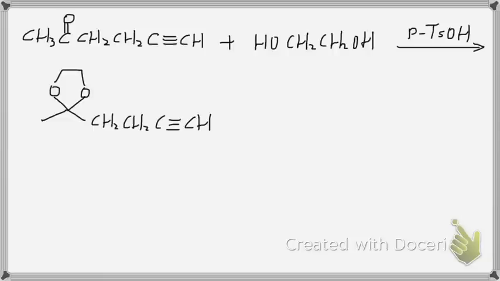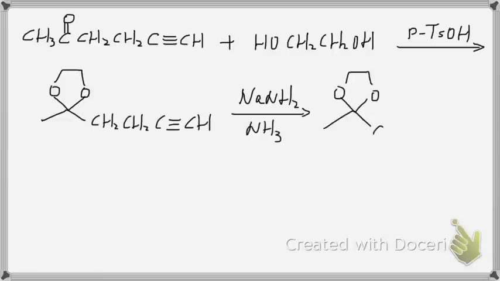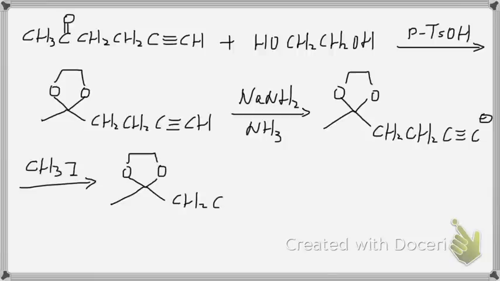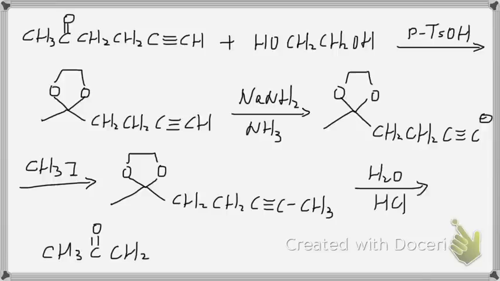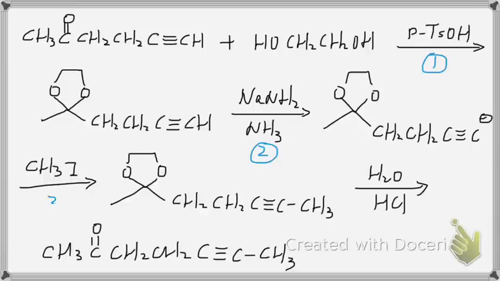Then we don't have the carbonyl anymore. Now we can carry out the deprotonation reaction on the triple bond and then the SN2 reaction to alkylate on the triple bond. After the reaction is done, because the acetals and ketals can be hydrolyzed, we subject the molecule to acidic conditions.